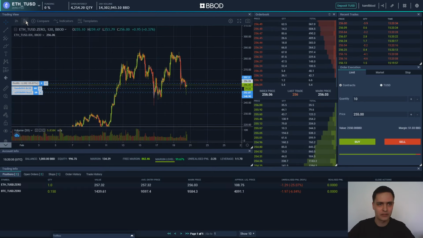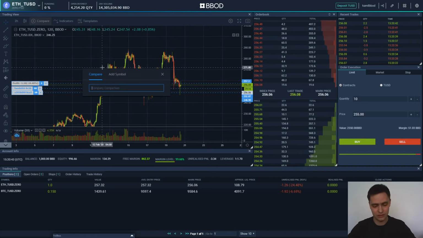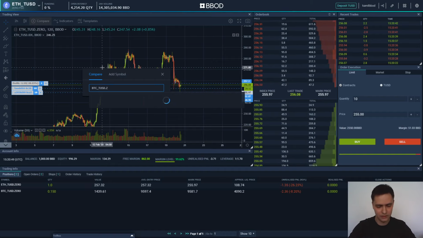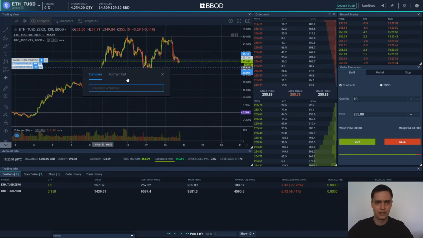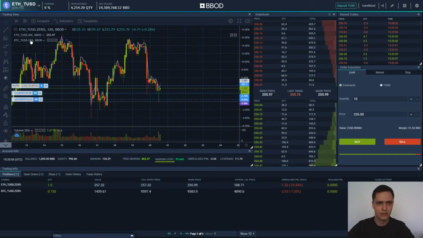all the time frames, you can set it to bars, you can set it to line also. You can compare symbols. So if you type in here BTC TUSD, you can compare the indexes.